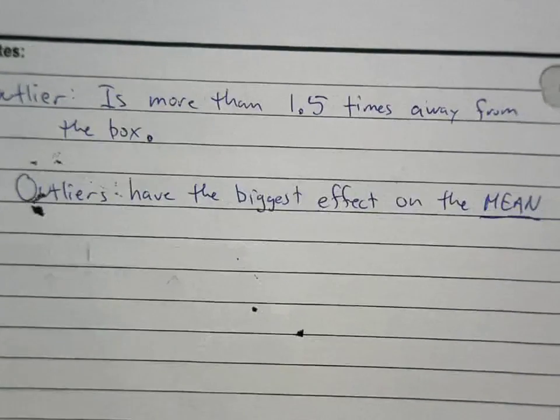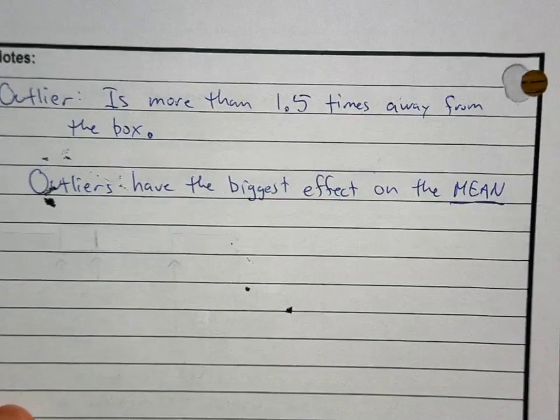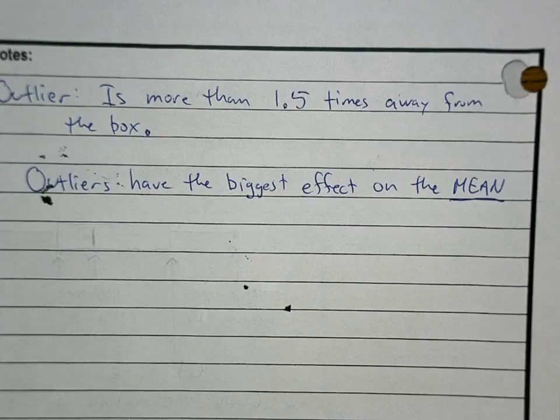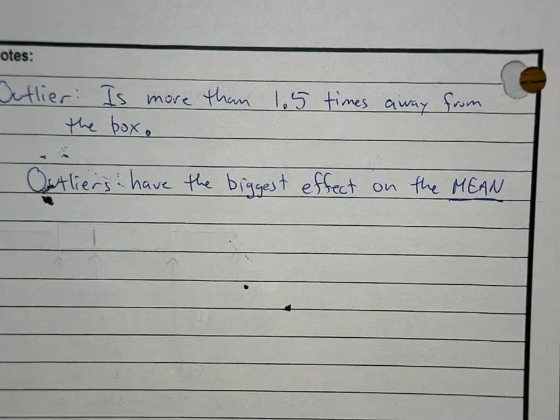If there is an outlier, it messes up the average. If I were to try to figure out what the average was on those scores that this column of kids gave me, then Connor's would have lowered the average quite a bit. It has the least effect on the median, by the way.